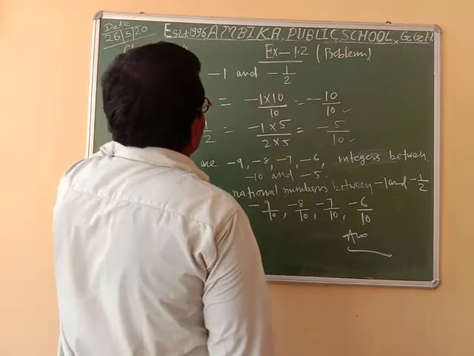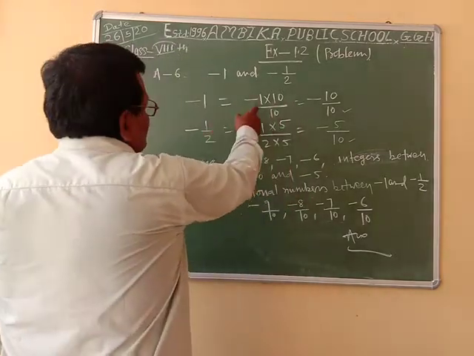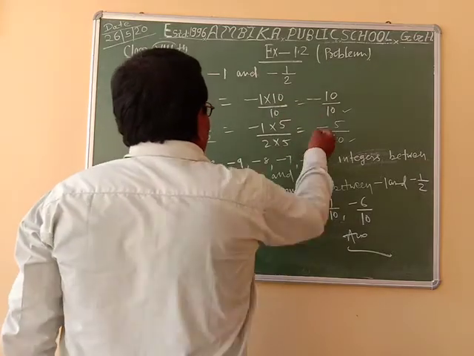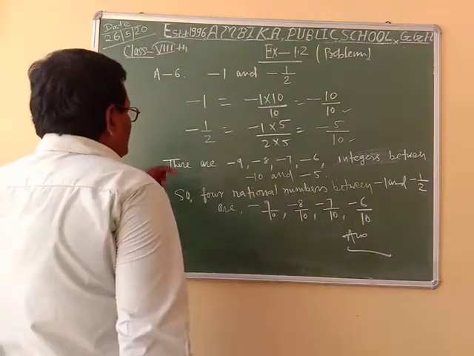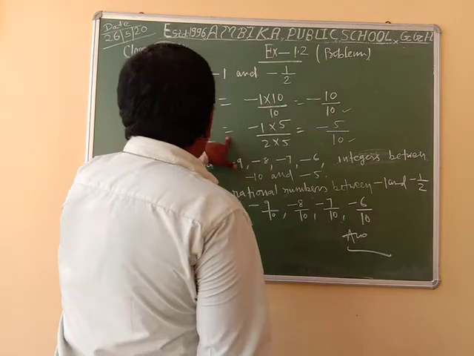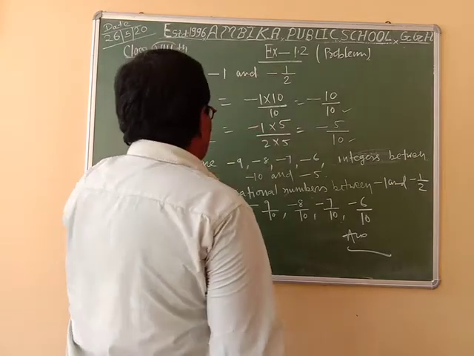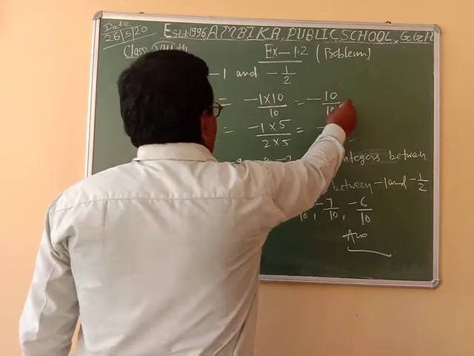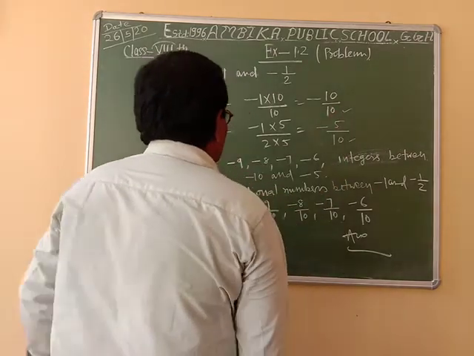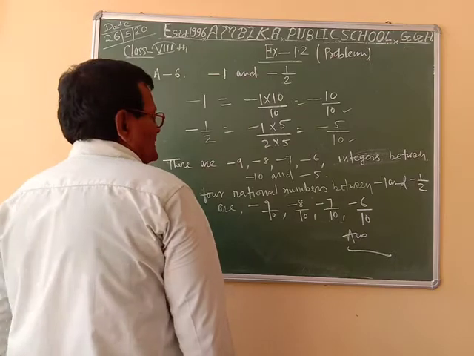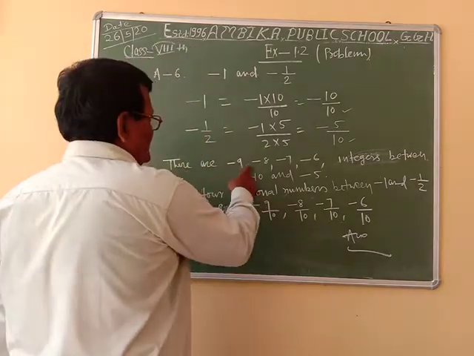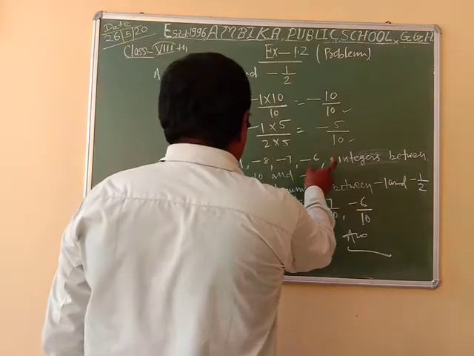Denominators the same. We multiplied minus 1 by 10 over 10 and get minus 10 by 10, and minus 1 by 2 is equal to minus 1 into 5 by 2 into 5, is equal to minus 5 by 10. Here both denominators are the same, so the integers between minus 10 and minus 5 are minus 9, minus 8, minus 7 and minus 6.